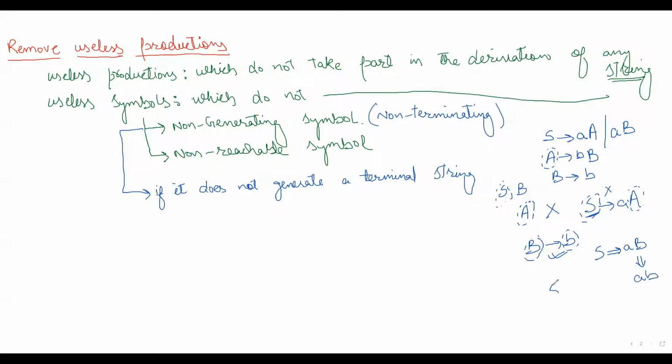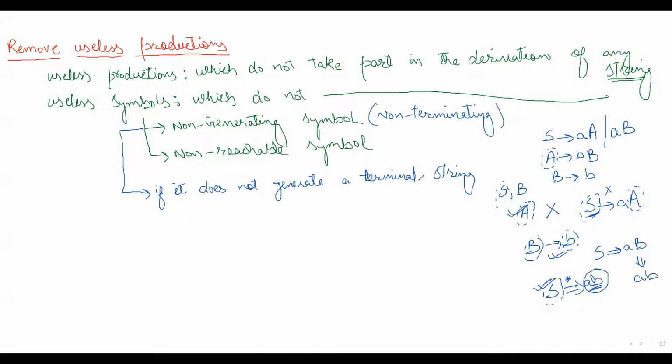So from S I am able to generate a terminal string, and S is a generating symbol. But A is a non-generating symbol because it does not generate a terminal string.